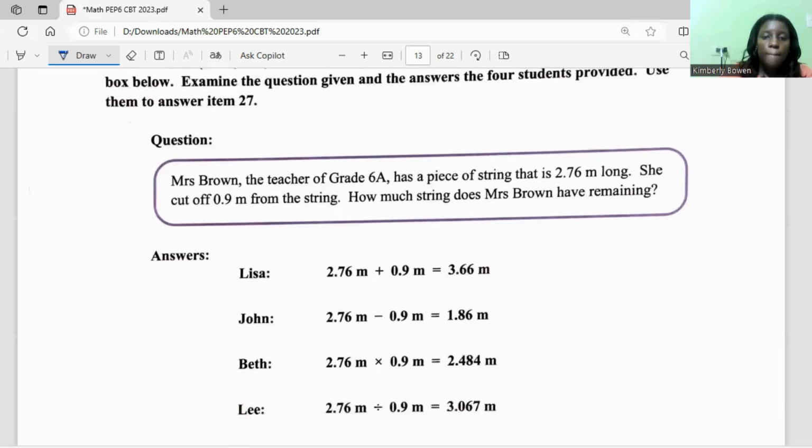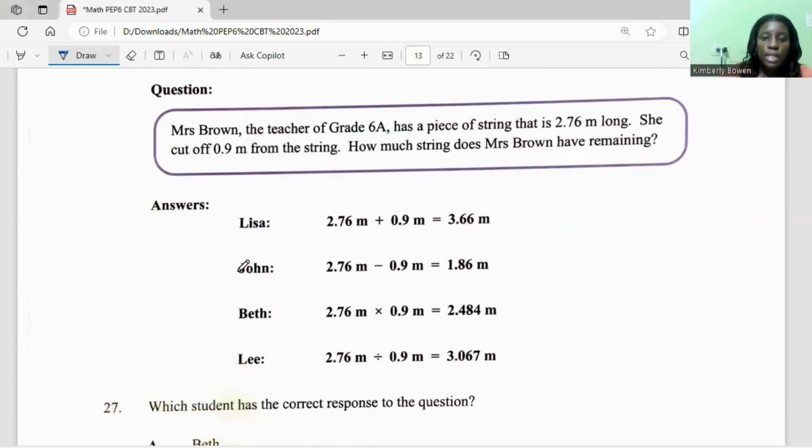Question: Mistress Brown, the teacher of grade 6A, has a piece of string that is 2.76 meters long. She cut off 0.9 meters from the string. How much of the string does Mrs. Brown have remaining? So if you're cutting it off, it's a subtraction. I think John's answer is the correct answer.